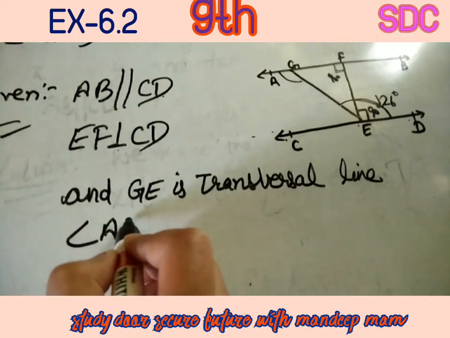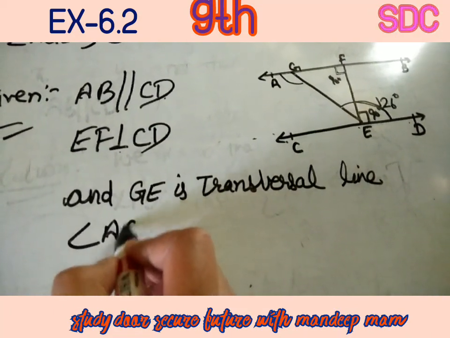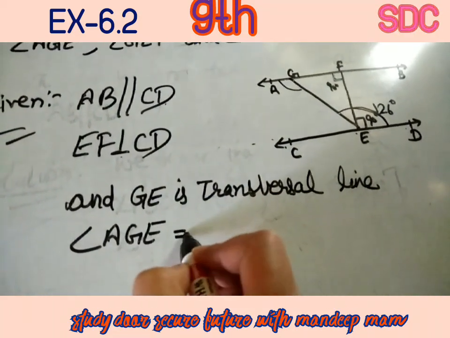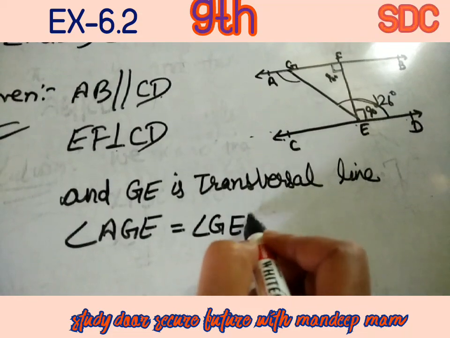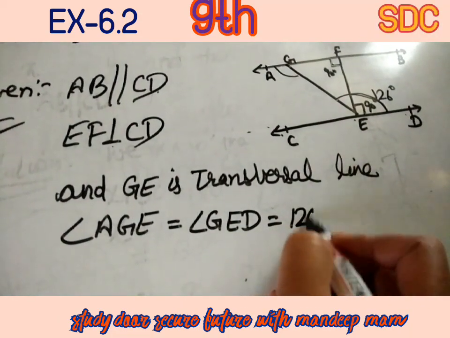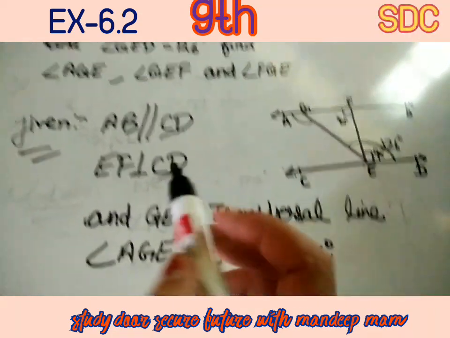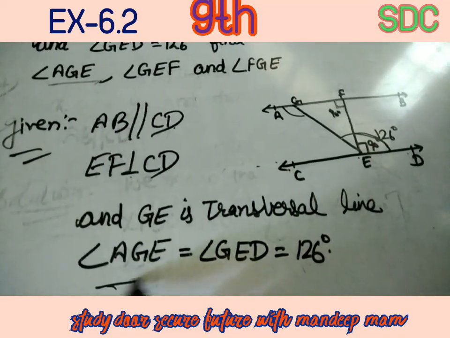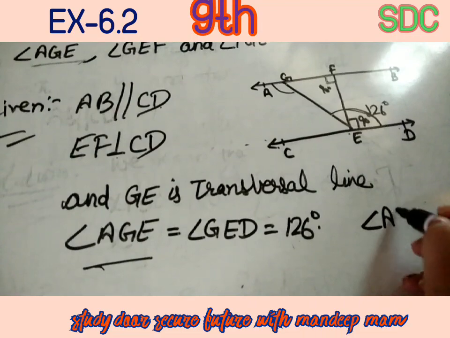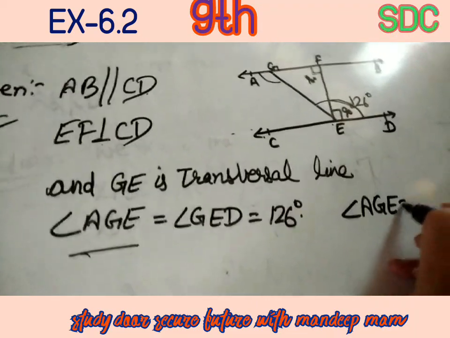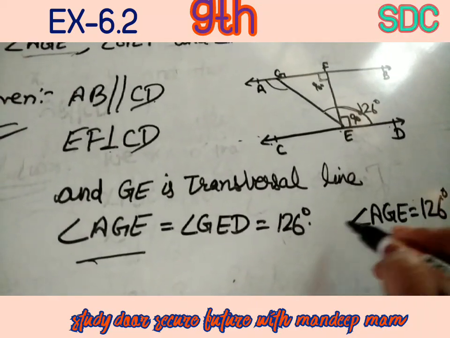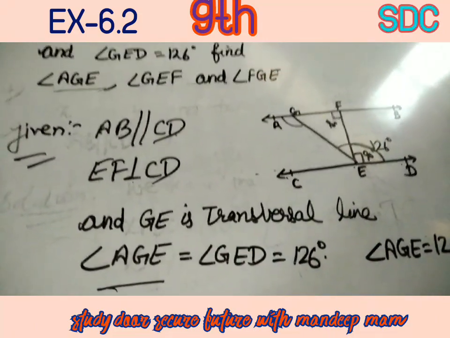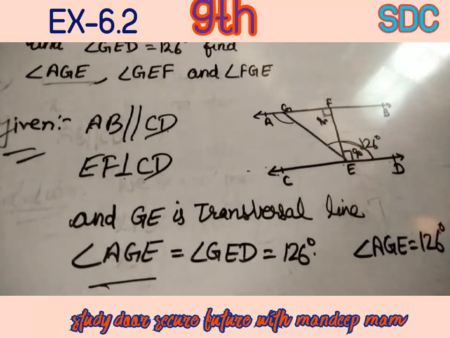So there are two alternate angles, that is angle AGE is equal to angle GED. Both will be equal to 126 degrees. So we have found our first angle, that is AGE. We can write here angle AGE is equal to 126 degrees. Now the next angle, GEF, which is GEF.